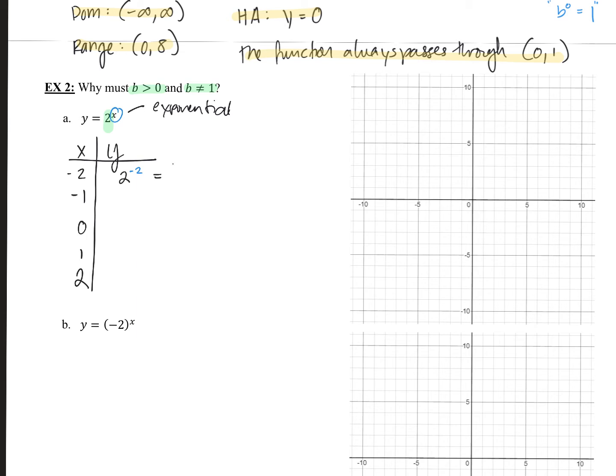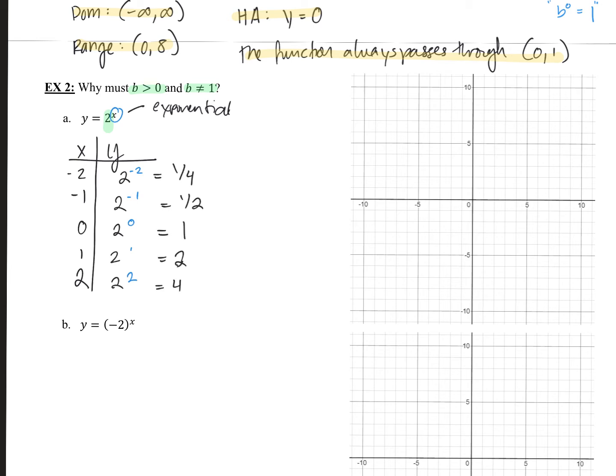Well, that's a negative exponent, so that's going to be 1 over 2 squared, which is 1/4. Then we'll have 2 to the -1 power, which would be 1/2. And then 2 to the 0 power, which is 1. 2 to the 1 power is going to be 2. And lastly, 2 to the 2nd power, which will be 4.